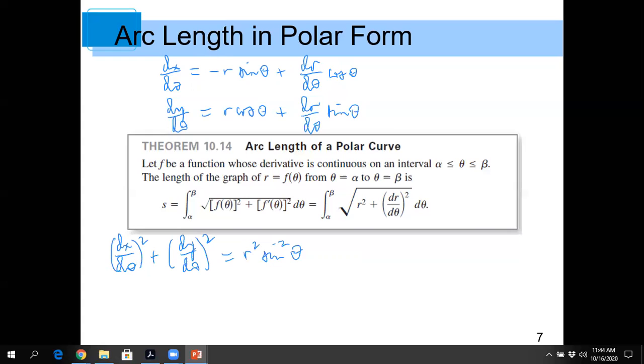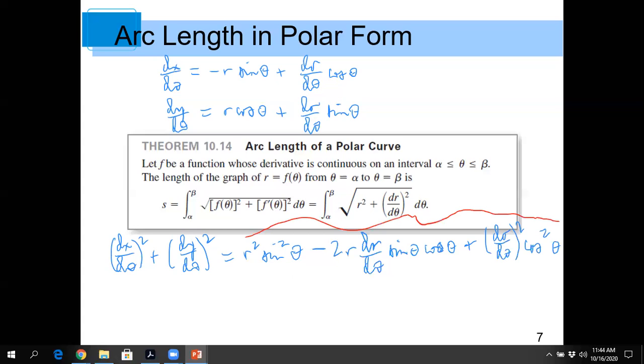That's going to happen twice, okay? So it's going to be minus 2r dr d theta sine theta cos theta. And then I'm going to have the square of the last thing, plus dr d theta squared cosine squared of theta. All of that comes from squaring dx d theta.